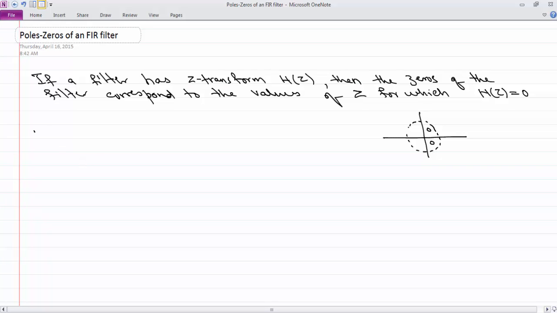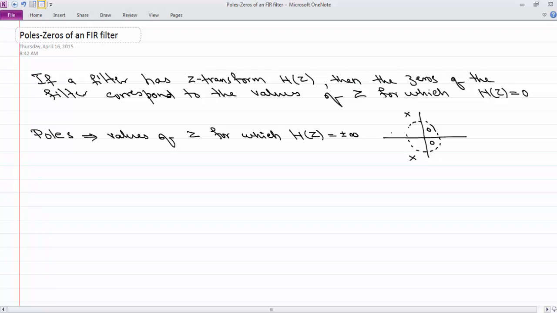Now, we won't be talking in this lecture much about the poles, but of course the poles are similarly defined as values of Z for which H of Z equals either plus or minus infinity. So poles in the Z transform domain are often shown using crosses. So you'll often get pictures like this, which means it has two poles and two zeros.